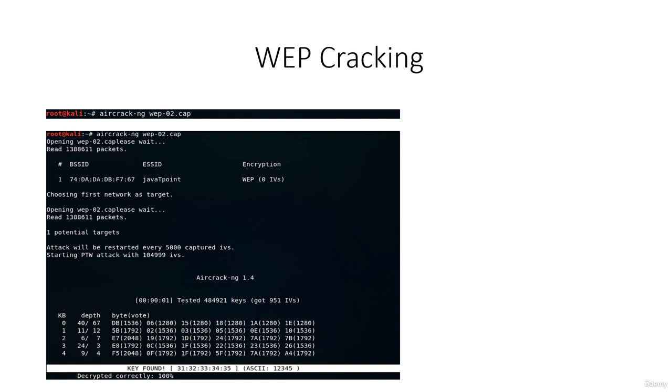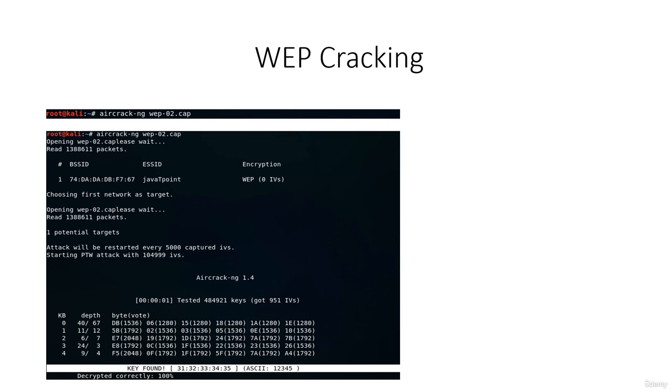The thing is, you have to be patient. Cracking WEP, or WPA or WPA2, with this method is going to take some time, hours and hours. So be patient and wait until aircrack can successfully crack the WEP key.